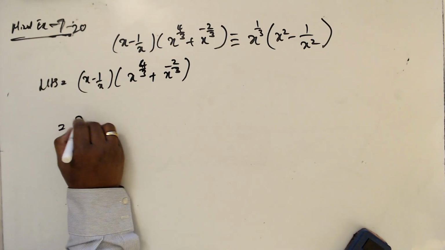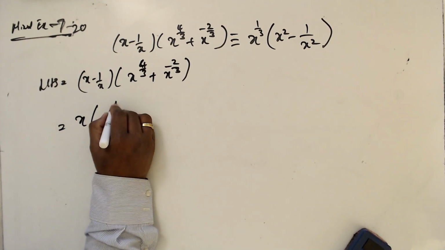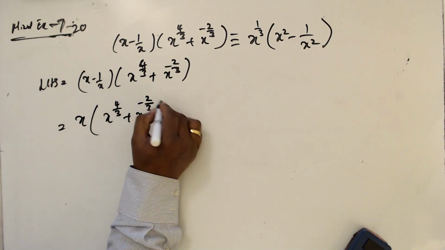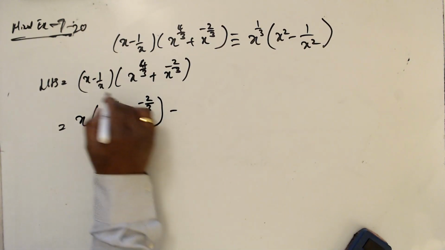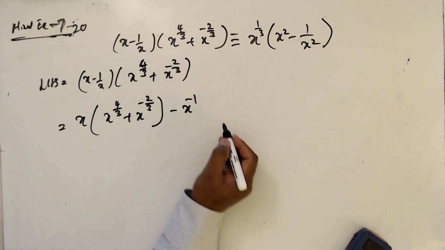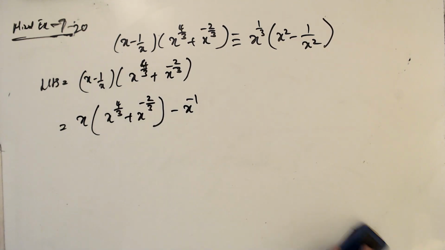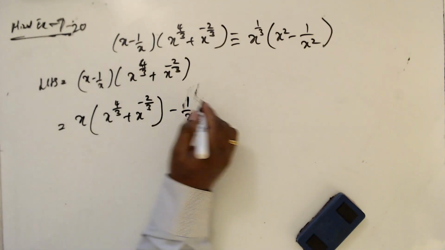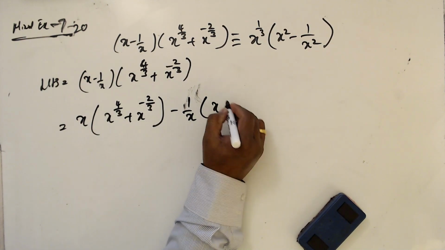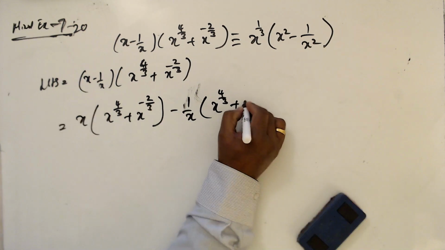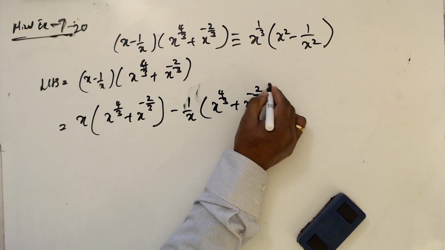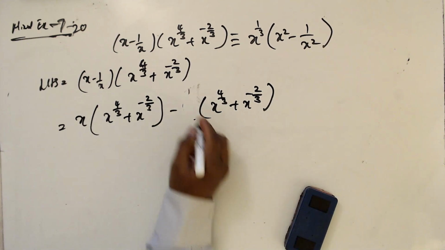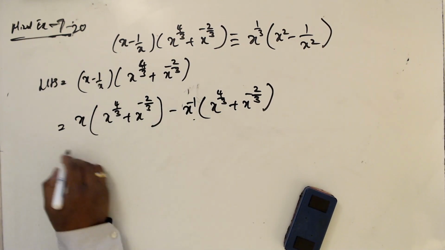Now we'll expand x times (x to the 4 over 3 plus x to the minus 2 over 3), then I will bring this one, x minus 1, minus 1 over x times (x to the 4 over 3 plus x to the minus 2 over 3).